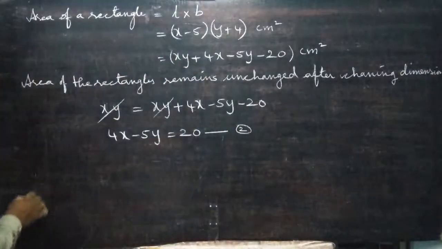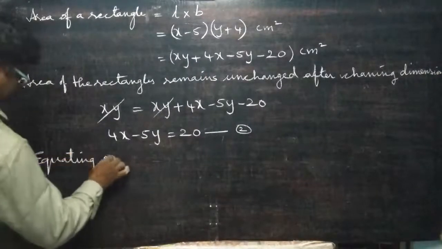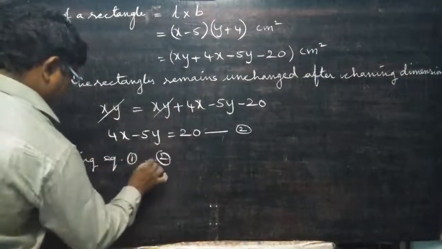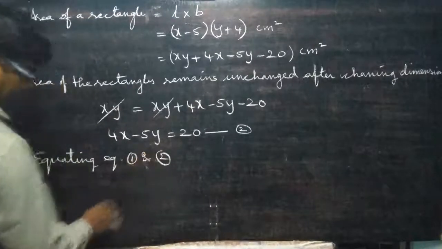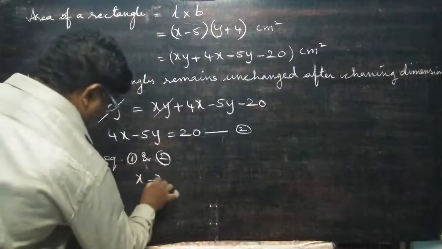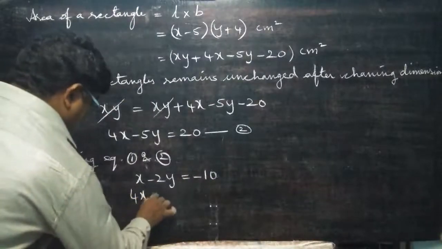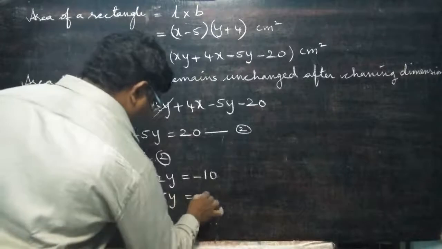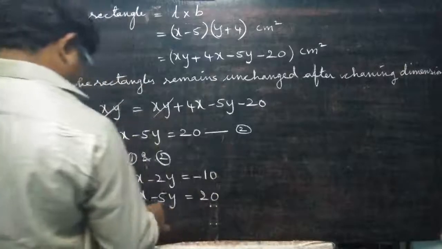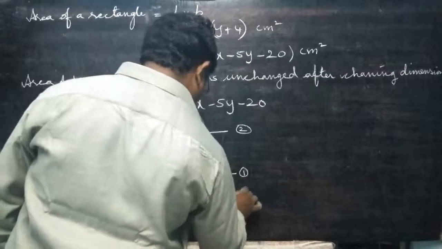Now equating 1 and 2. What is equation number 1? X minus 2y is equal to minus 10. And 4x minus 5y is equal to 20. Now, the first equation I am multiplying with 4. This is the first equation, this is the second equation.